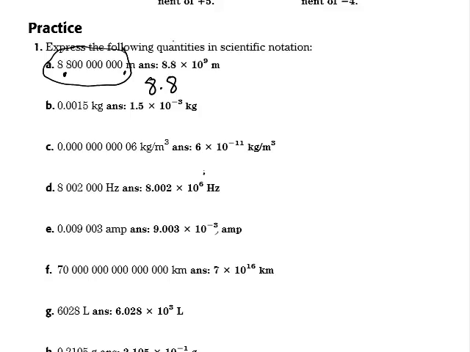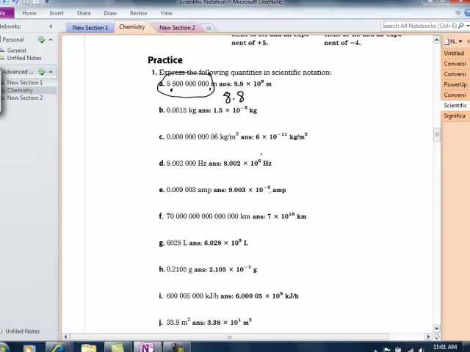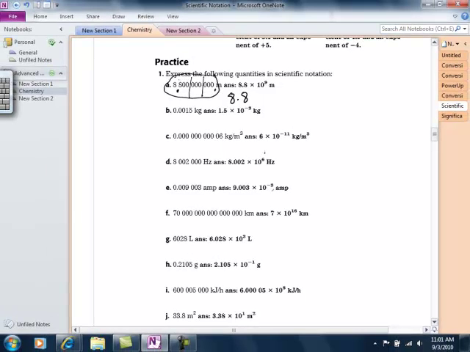But then 8.8 billion and 8.8 are clearly not the same number, right? So I have to tell the reader what power of 10 I'm talking about. So I move this decimal how many places? 3, 6, 9. So my scientific notation is going to be 8.8 times 10 to the 9th.